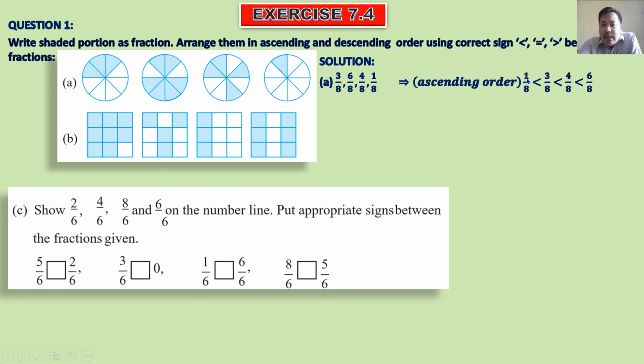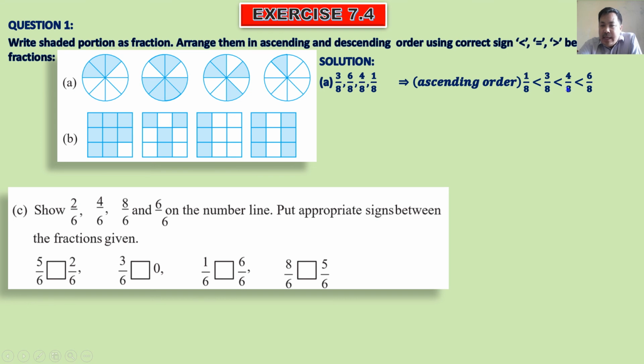In ascending order, 1 by 8, 3 by 8, 4 by 8, and 6 by 8. Why? Because we have to start from the smaller one to the bigger one, isn't it? So the smallest one is 1 by 8, next is 3 by 8, next is 4 by 8, and the last one is the largest, 6 by 8. So this is the ascending order.